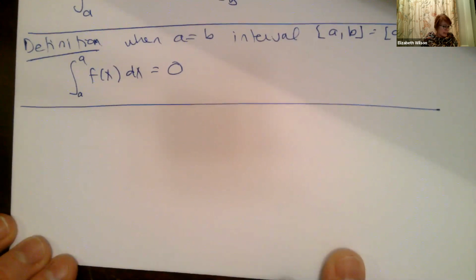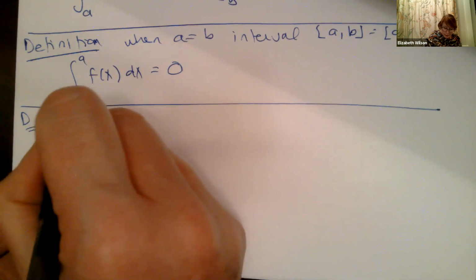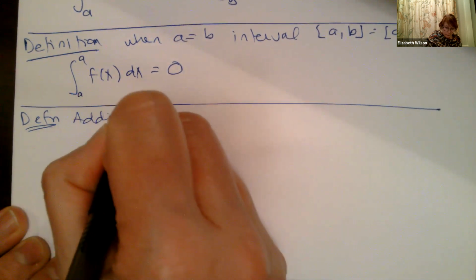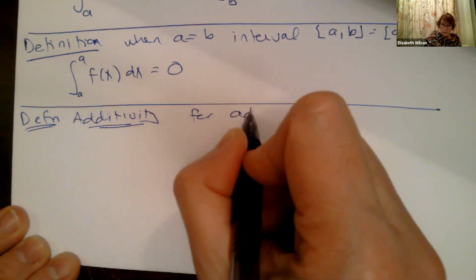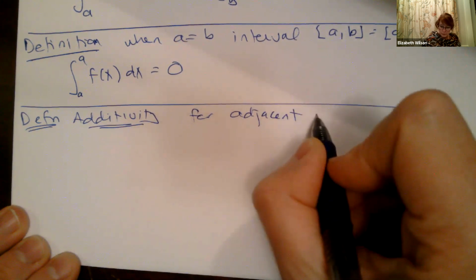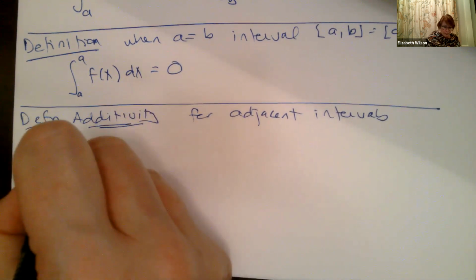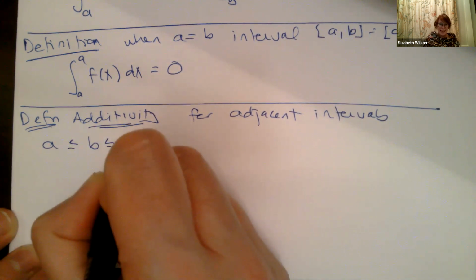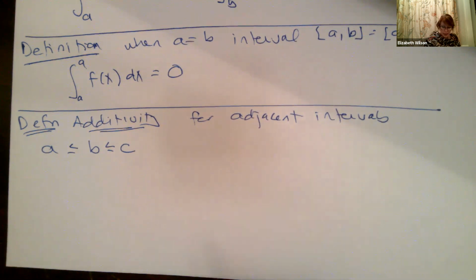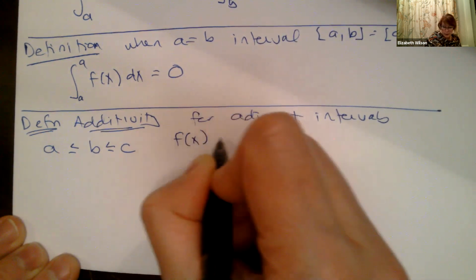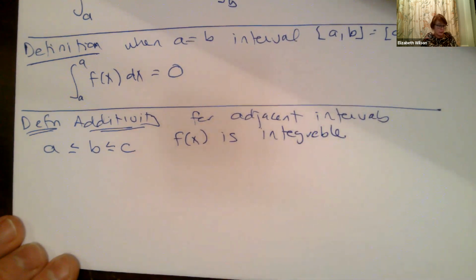I can do what they call additivity for adjacent intervals. It goes like this. I start at A, and I want to end at C, and B is some point between A and C in my interval. I'm going to say that my function f of x is integrable along this interval.